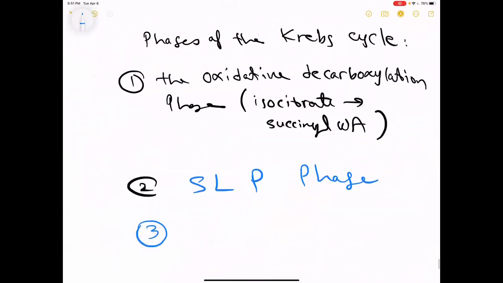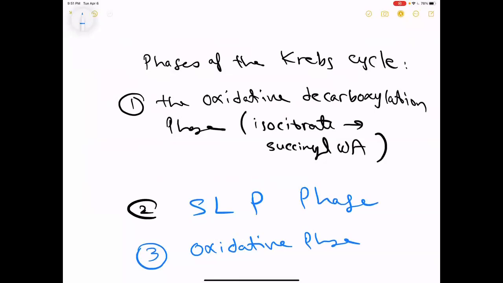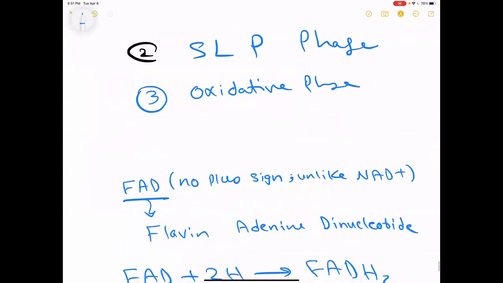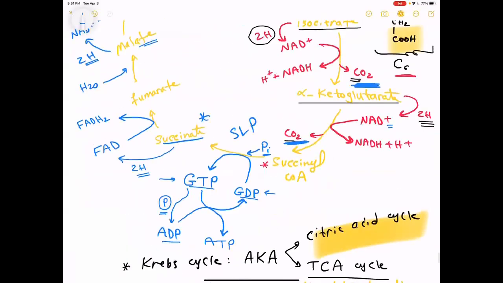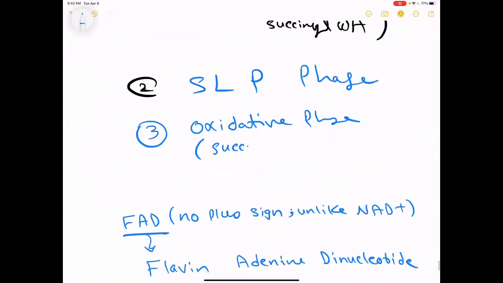So the third phase is oxidative phase, not oxidative decarboxylation, just oxidative phase, which is from where to where? Remember again, it is from the succinate, from here, to oxaloacetate. Succinate to oxaloacetate.